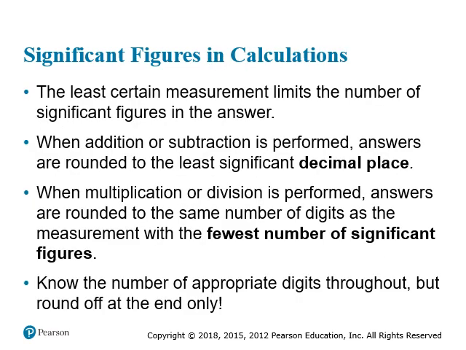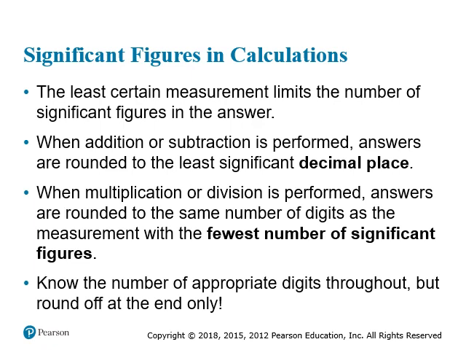Now, when dealing with calculations, the least certain measurement is the one that's going to limit the number of significant figures in your final answer. And that's going to differ depending on whether you're doing addition and subtraction or multiplication and division.